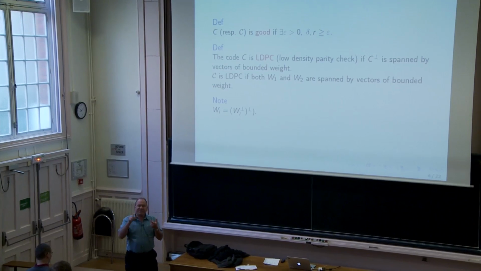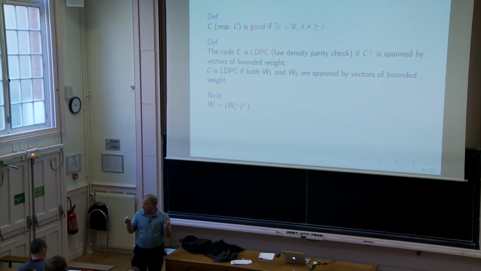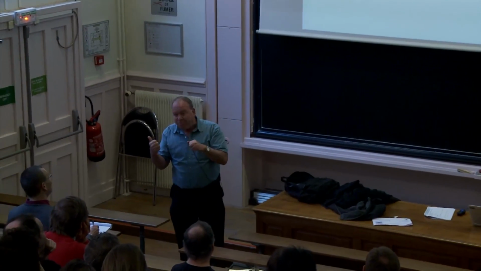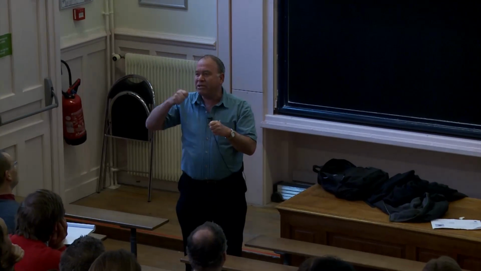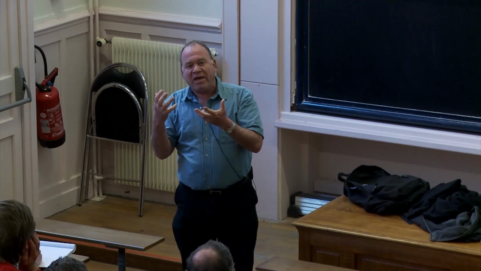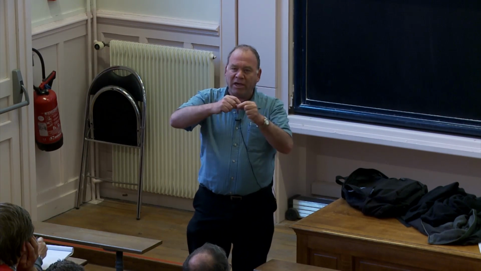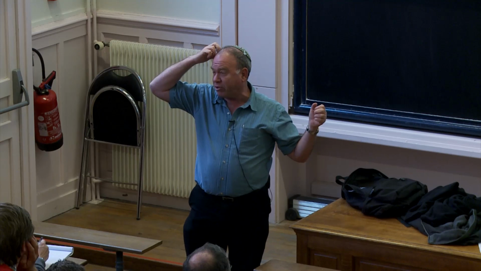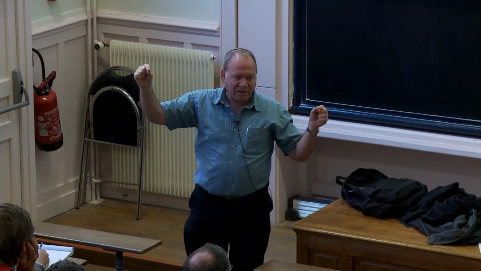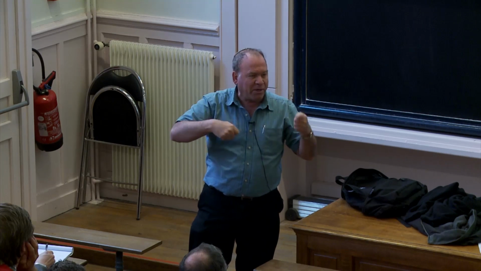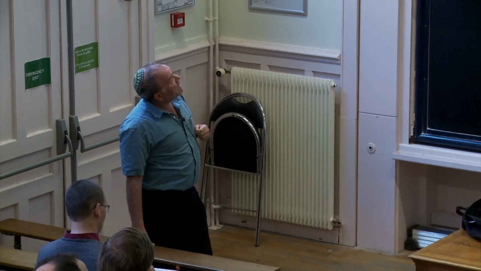In the code C, we don't want to have short vectors, right? Vectors with small Hamming weight. In its perp, we do want to have. Why? Because the perp of C are really the linear functionals, the linear equations defining C. Now you are getting a very long vector, 10,000 bits. You want to check if it's a legitimate one or not. You want the checks to be very quick. And that's something which is very important theoretically and practically in coding theory.